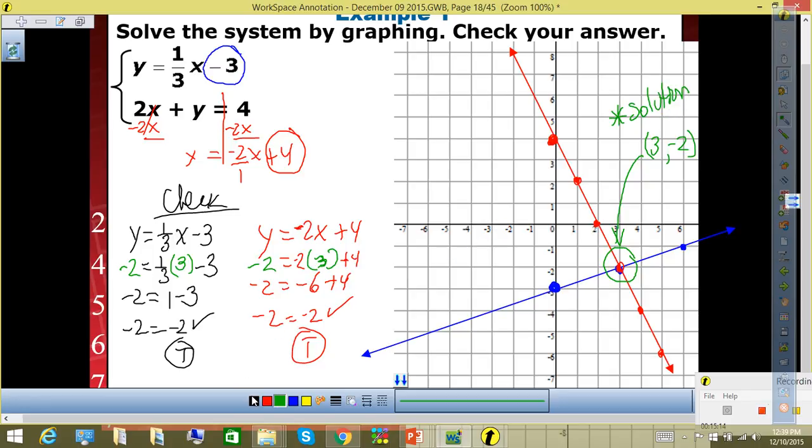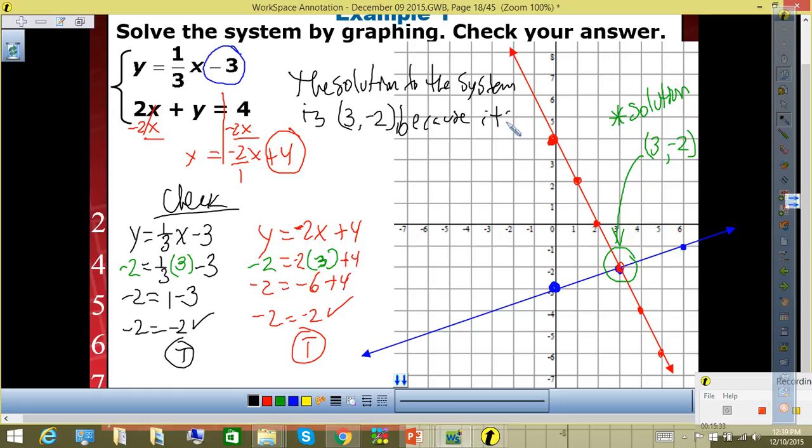Now let's write our statement. The solution to the system is 3, -2 because it's where both lines intersect. That's one because. What is the second because? And how else do we know that that's a solution?